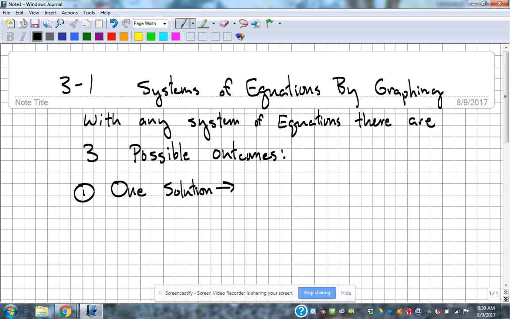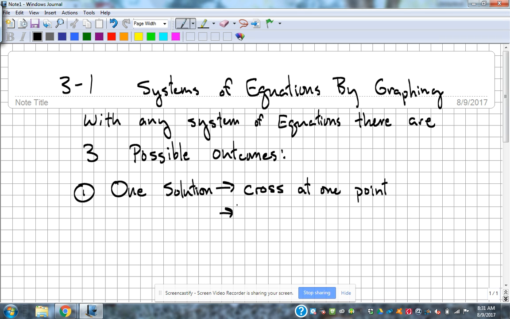None. But if I do this, how many places are they touching? Once. Okay? So when you have one solution, your graph is going to show that the 2 lines are crossing, they cross at 1 point.